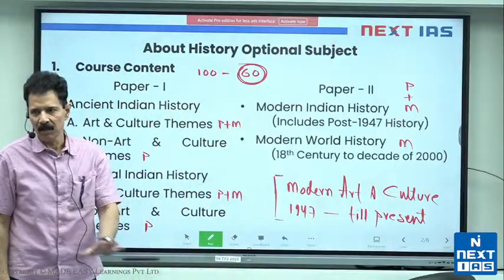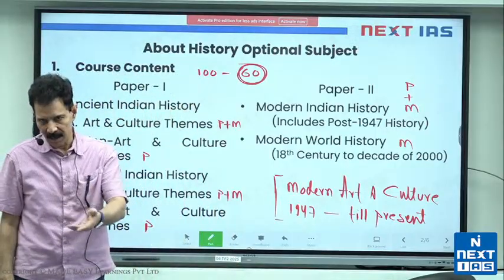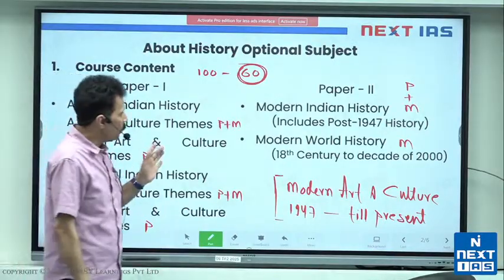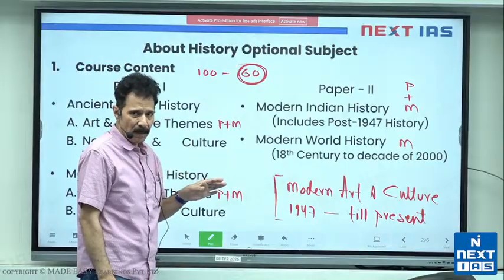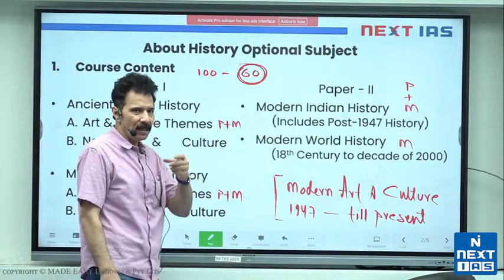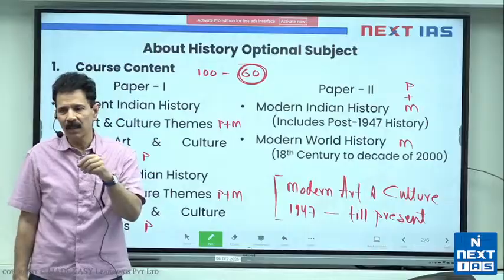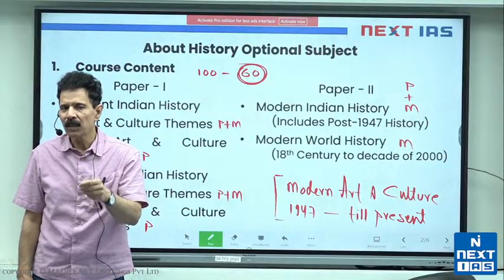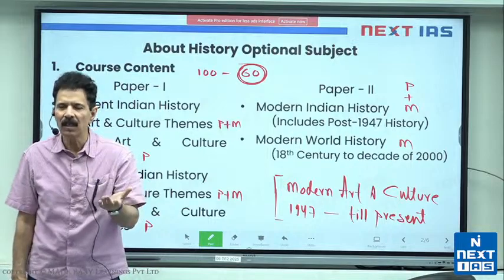The standard is the same as what you get in GS, a similar kind of question. But 40 is different. This means there are certain issues that are very relevant in the history optional subject related to a topic, but those issues are normally not put in the GS question.